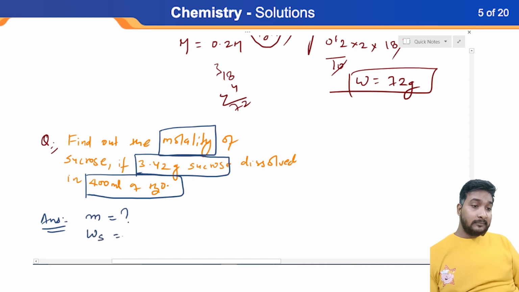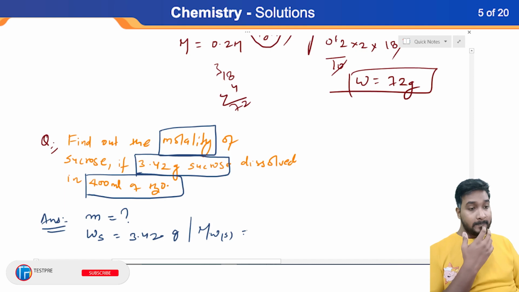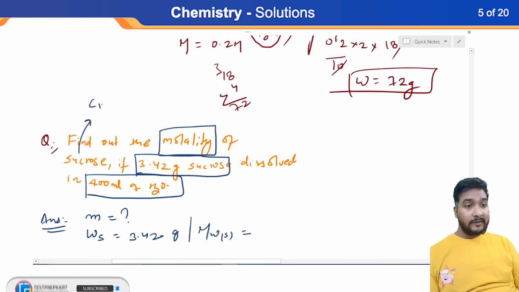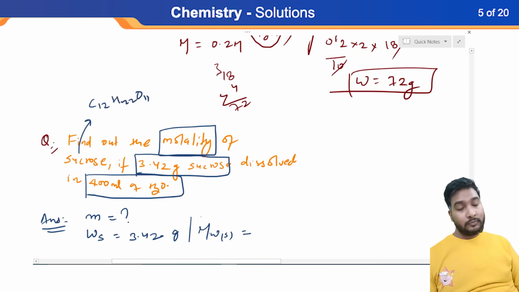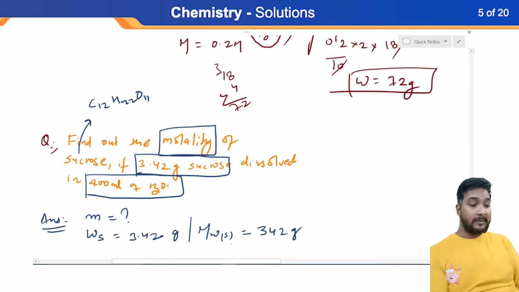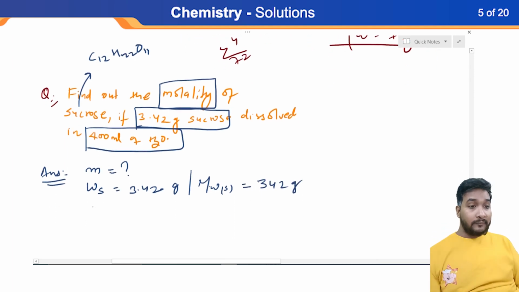Weight of sucrose is given, that is 3.42 grams. The formula of sucrose is C12H22O11, so the molecular weight is 12 into 12 plus 22 plus 11 into 16, that is 342 grams. And we have the volume of water, H2O, that is 400 ml.